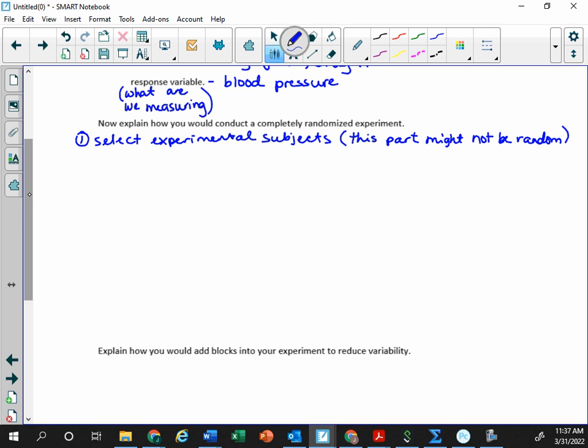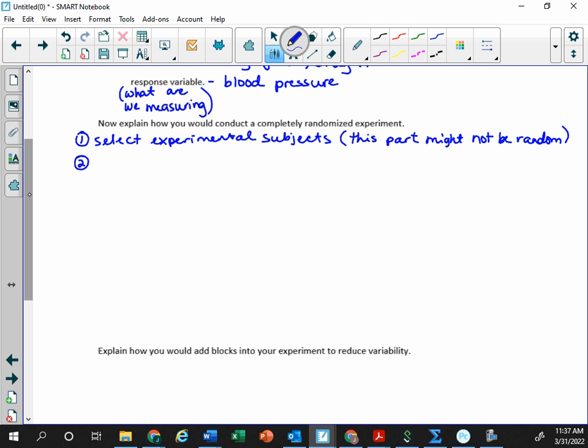Once you've selected those subjects, what do you think we need to do first before we start any sort of treatment or anything like that? Okay, sometimes we want a control group, like people that don't get any of the medications, they don't get the juice, they don't get the drug, they just get nothing.